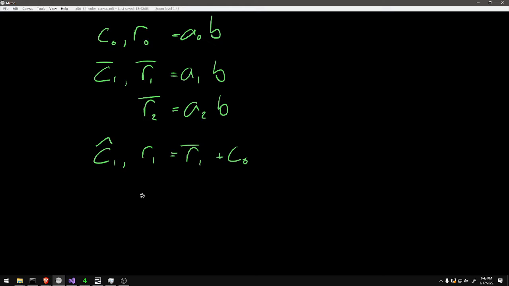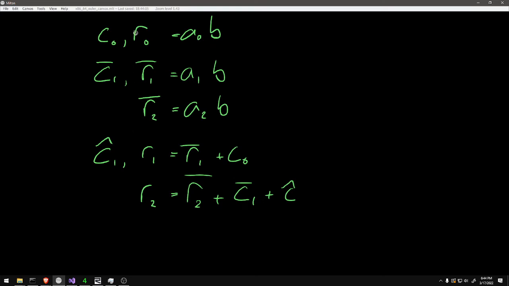Then for R2, we want R2 to equal this guy here plus this guy here plus this guy here. Since we don't care about the carry, we don't need to do anything to separate these adds out. It's just add those three things together. This is a 1 or a 0. This is any 64-bit integer. This is any 64-bit integer. We add them together, we throw away the overflow, and we get our final value for R2.